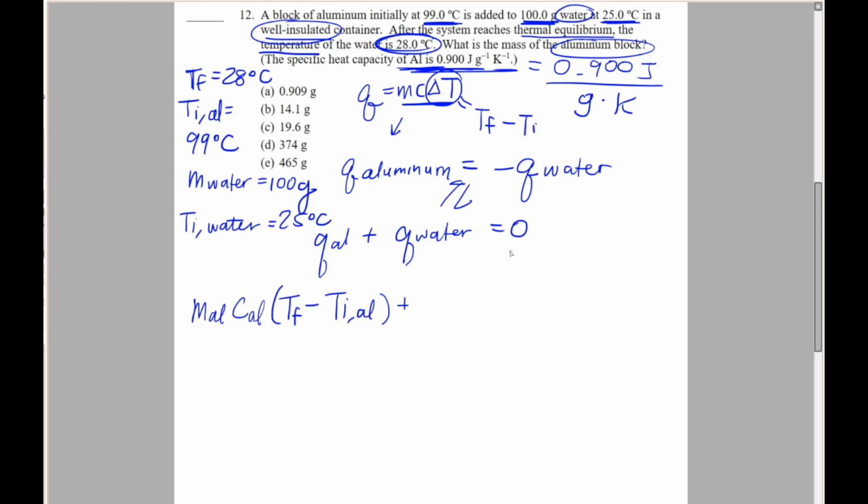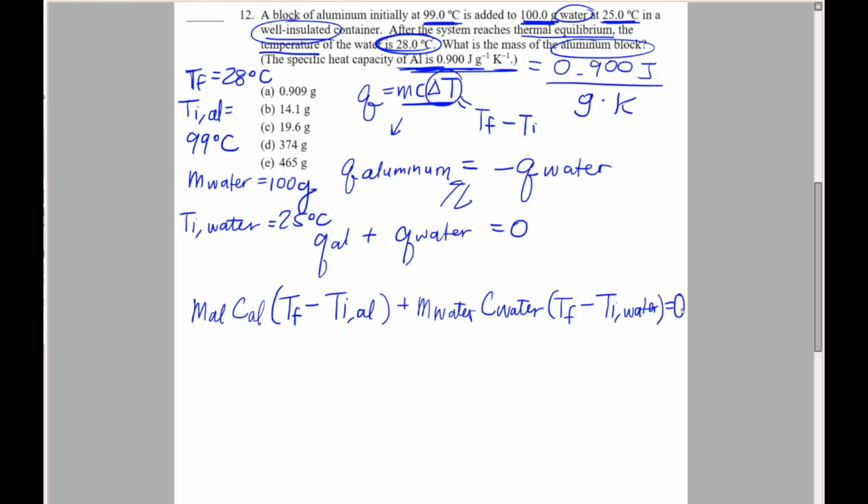We do the same for water, so it's the mass of the water times the specific heat of water times the final temperature, which is the same for both, minus the initial temperature of the water. And all this is still equal to 0.